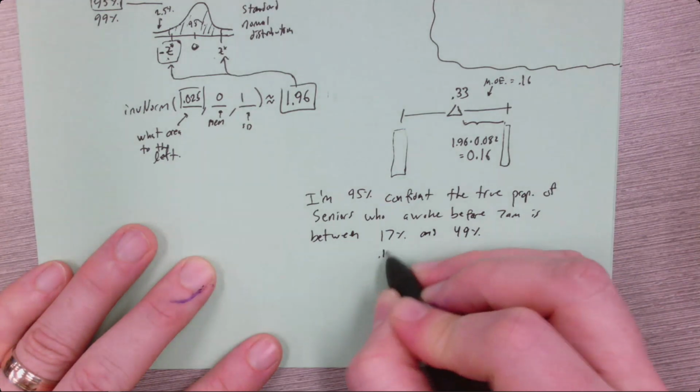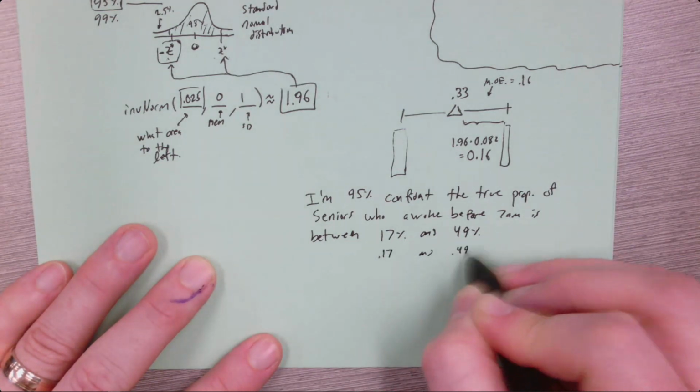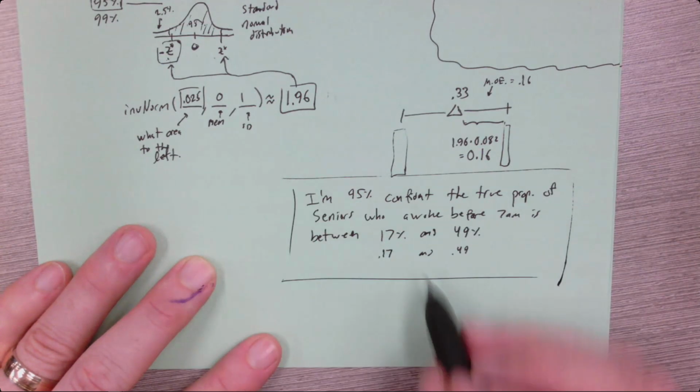Or you could notate it this way, 0.17 and 0.49. So this is our kind of final conclusion.